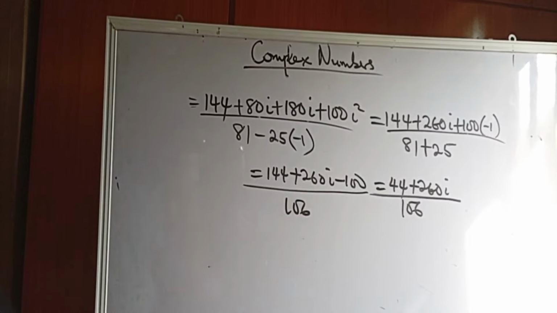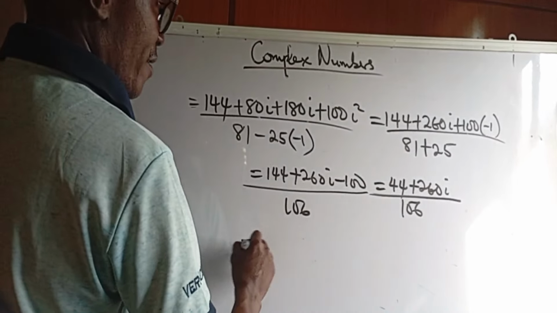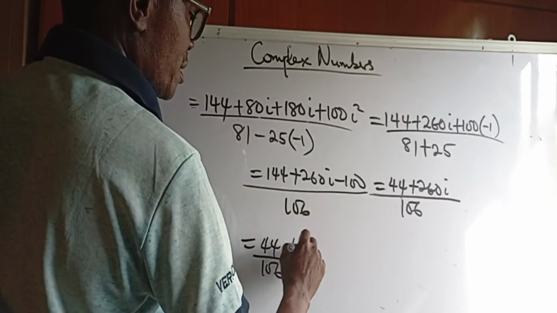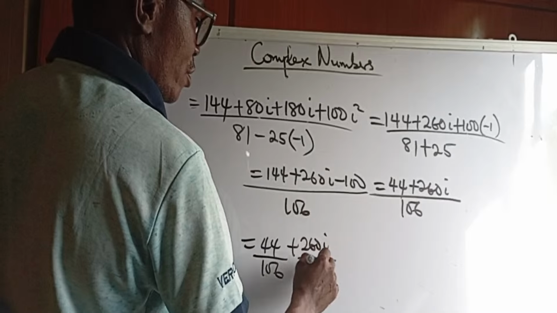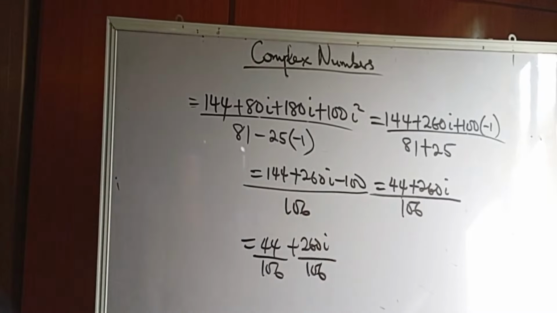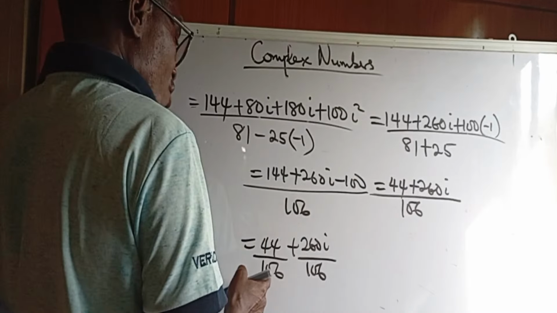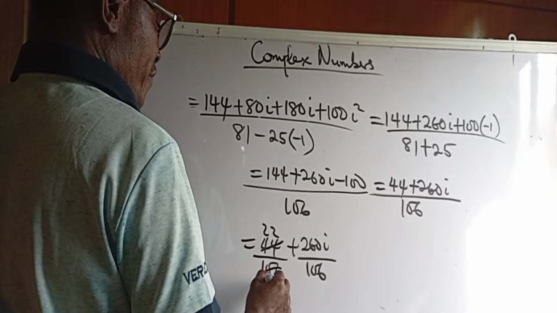So let's write it properly. We have 44 all over 106 plus 260i all over 106. Can something go into them? I think 4. Can 4 go here? No, 4 cannot go here. So 2: 2 into 44 is 22, 2 into 106 is 53.